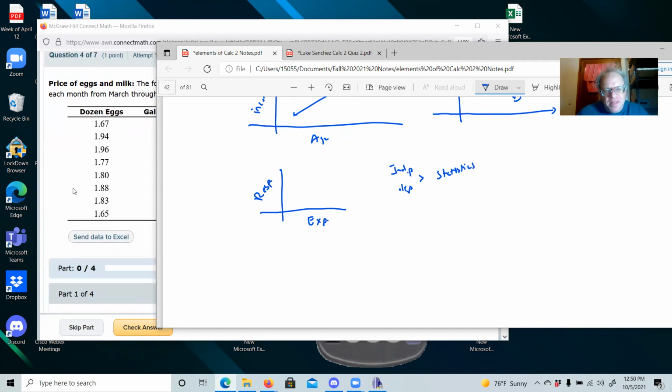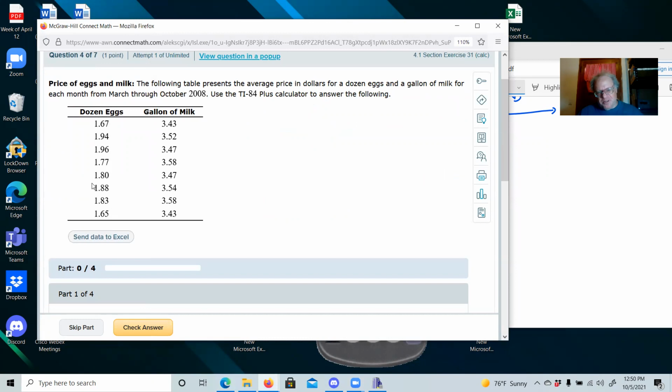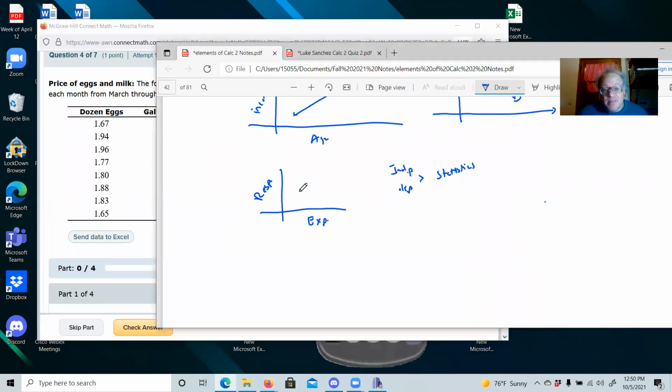Now, this particular problem, how do you know that the eggs are explanatory and a gallon of milk is the response? Because that's how they set up the problem. Really, both would have been correct, depending on which one you measured and tried to predict from the other.